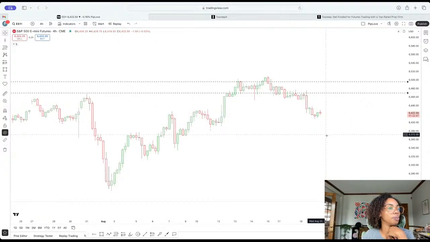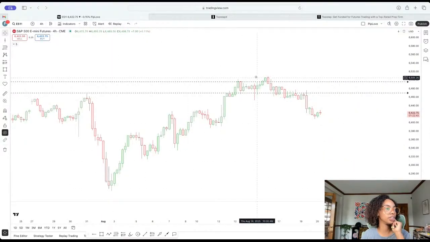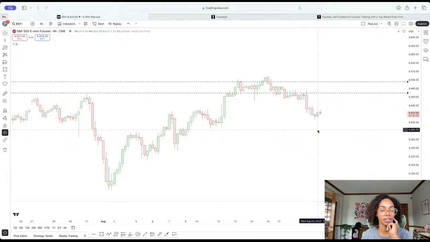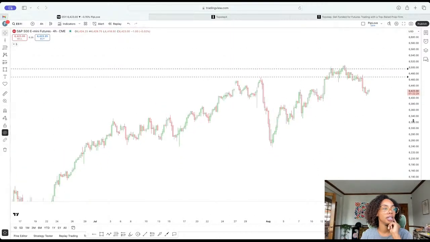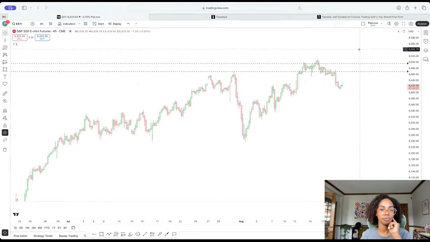If it continues to break through those levels of support, we might want to take a fib from this low to this high to see where we have a potential pullback area, which might be our price target for these sells before we see the market continue on with its buy.